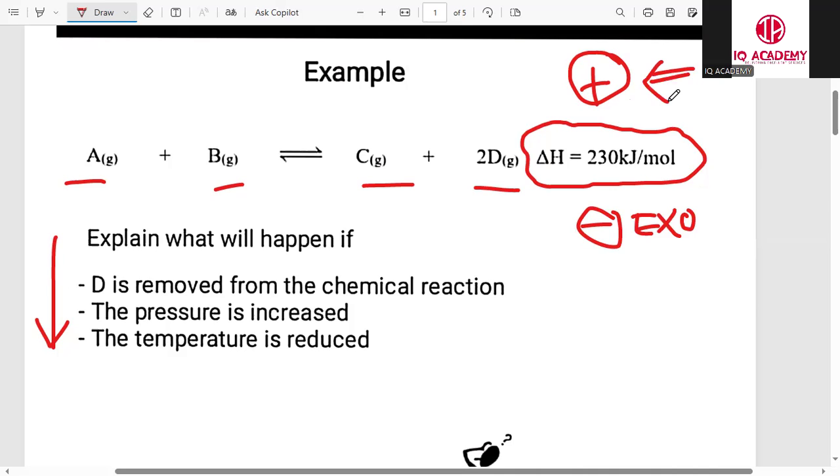Now that we know that this reaction is an endothermic reaction, it will be very easy for us to judge what will be happening as they do whatever they are doing here. All this concept is based on what we call Le Chatelier's principle.